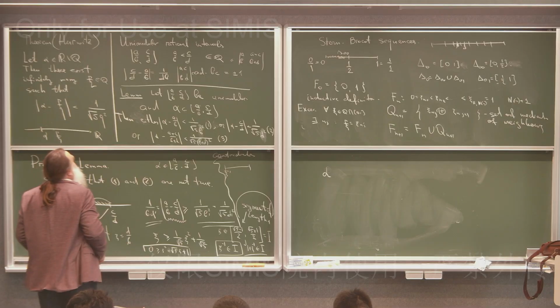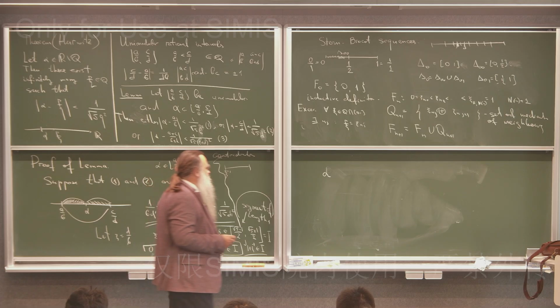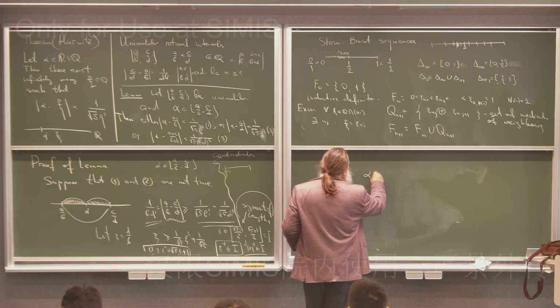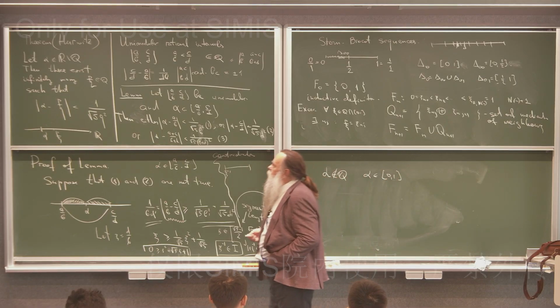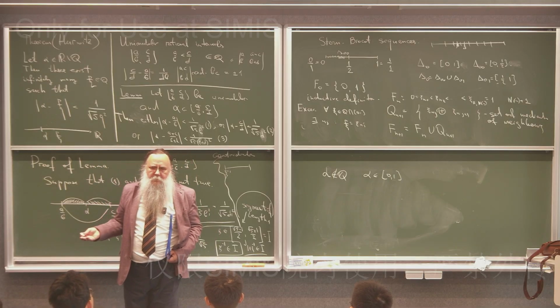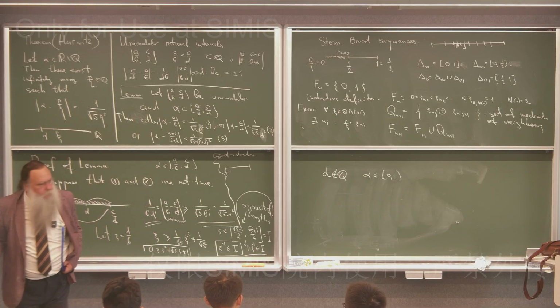We should prove something for an irrational alpha. Of course, we can work with alpha from the interval 0,1, because the integer part of alpha is not important for approximation by rationals, for the order of approximation.